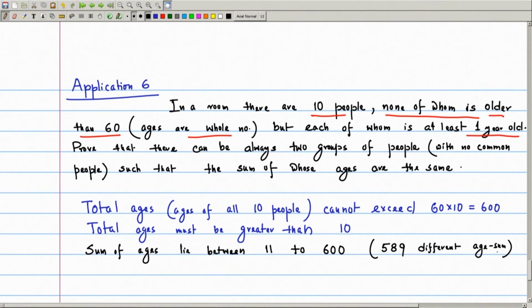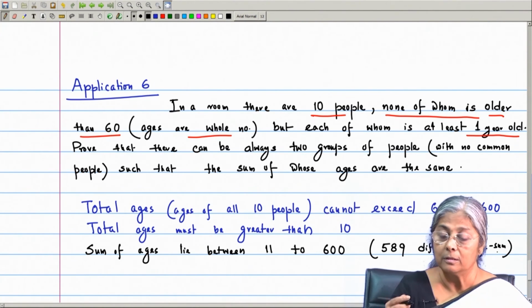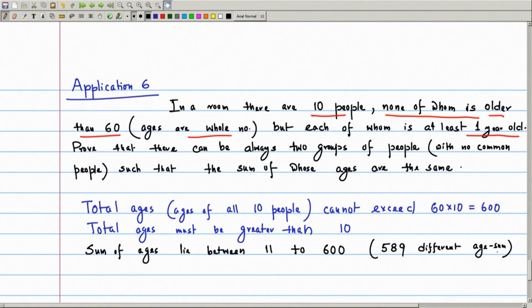Now, if I consider the 10 people as 10 numbers, what will be the total number of sums?